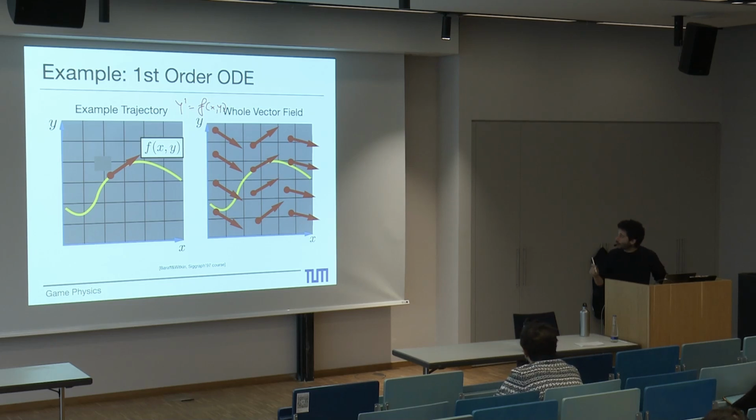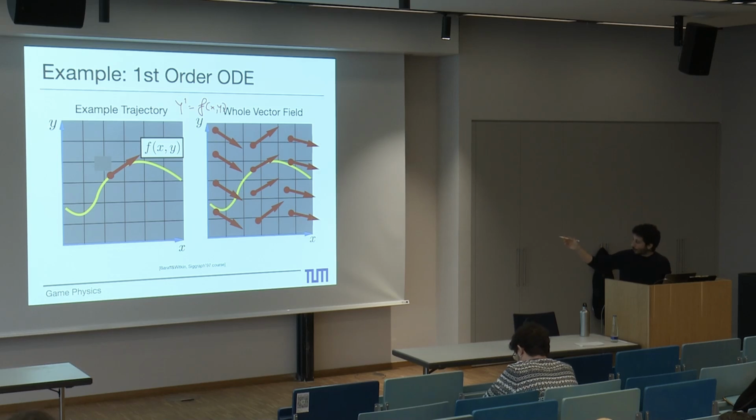It is important to notice that the definition of this f function is not limited to a specific trajectory, but it is a function that spans all over x and all over y, which means that in practice we are able to compute the velocity at every single point in the velocity field, not only along a specific trajectory.